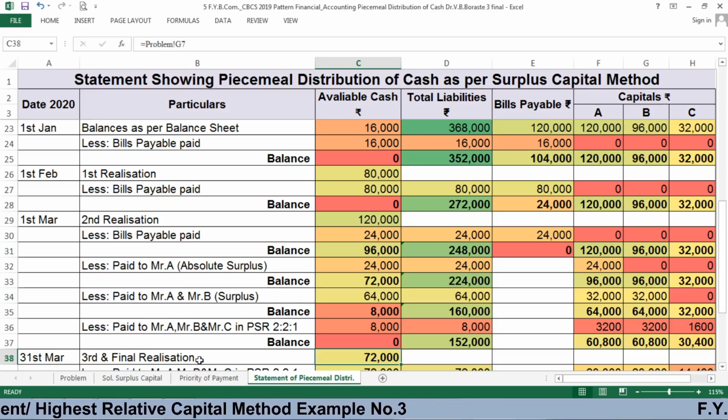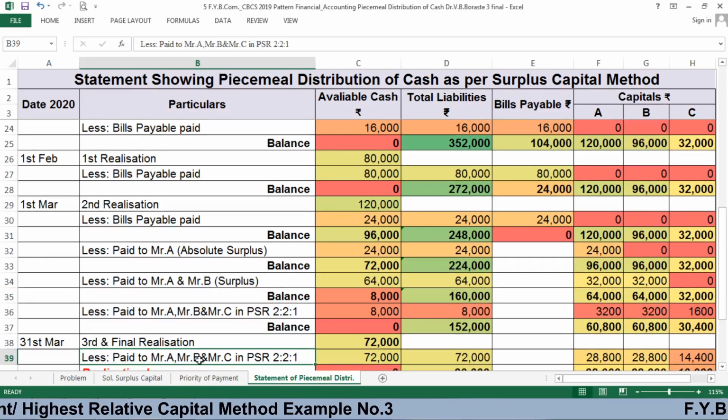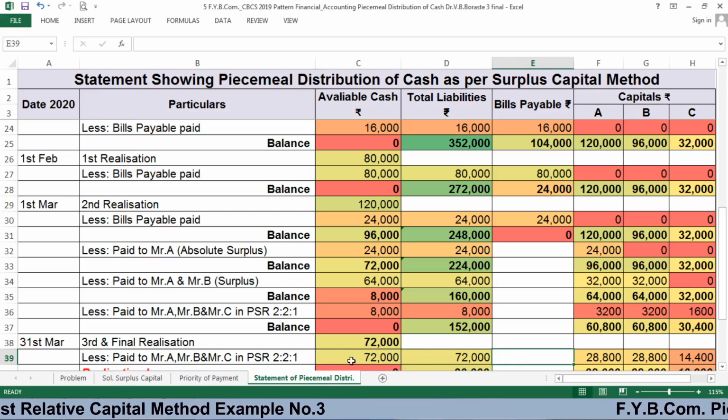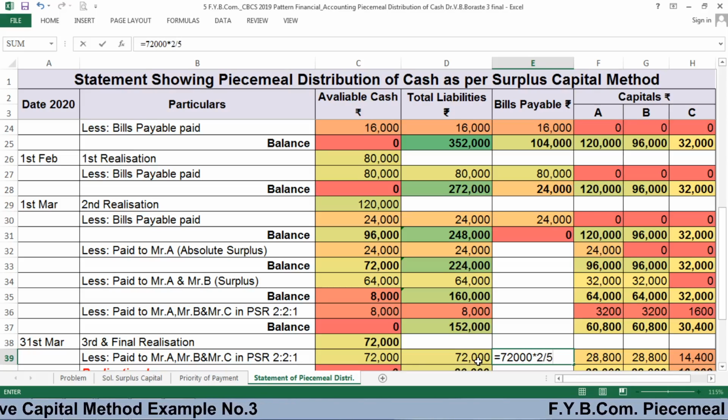This amount will be distributed among Mr. A, B, and C in the ratio of 2:2:1. So cash will be reduced by 72,000. Total liability will be reduced by 72,000, and we will distribute this amount among A, B, and C.